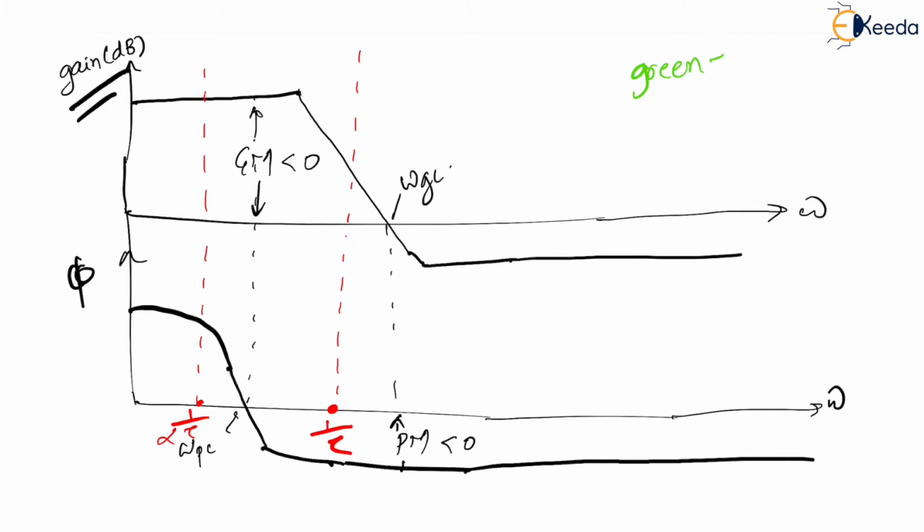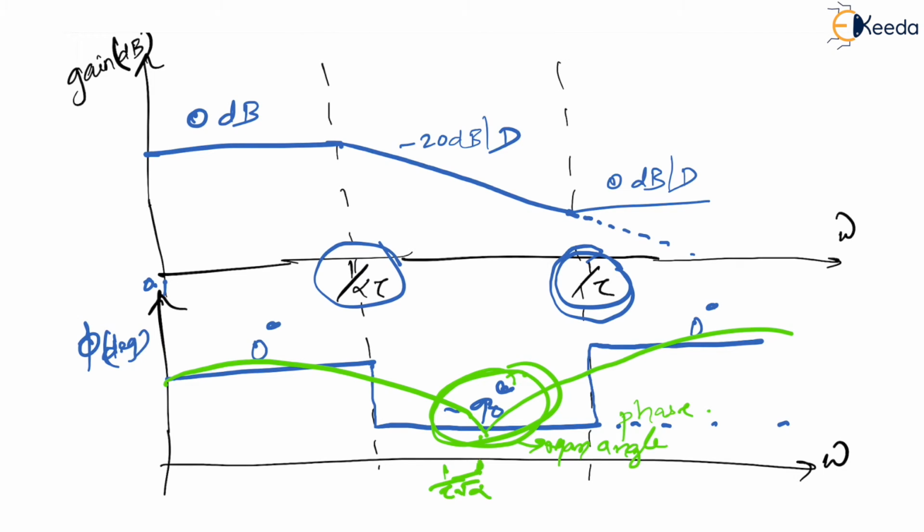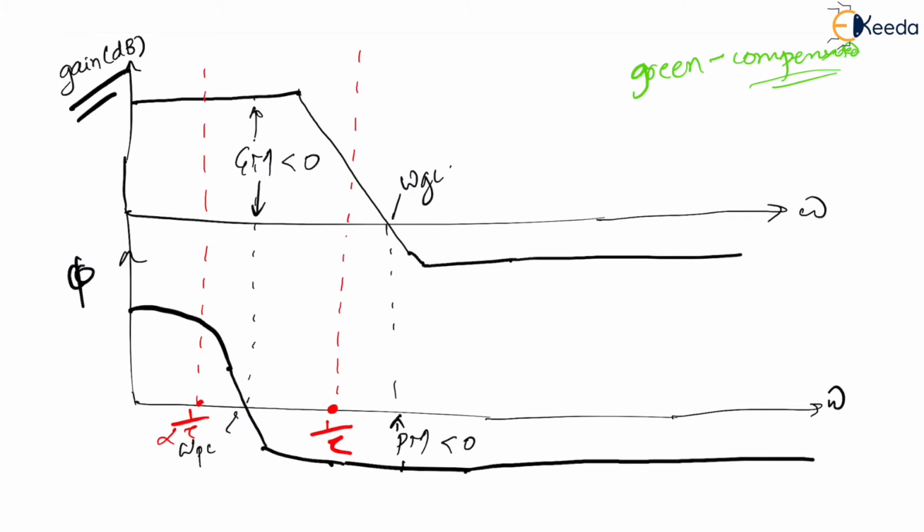Green is for the compensated system. Compensated, not compensator. Compensated system means the system plus the compensator. Now, what has happened from 0 to 1 by alpha tau? Magnitude is going to be 0, so the slope is going to be 0 dB. So the same thing will come here, with some offset. Yes, it has come.